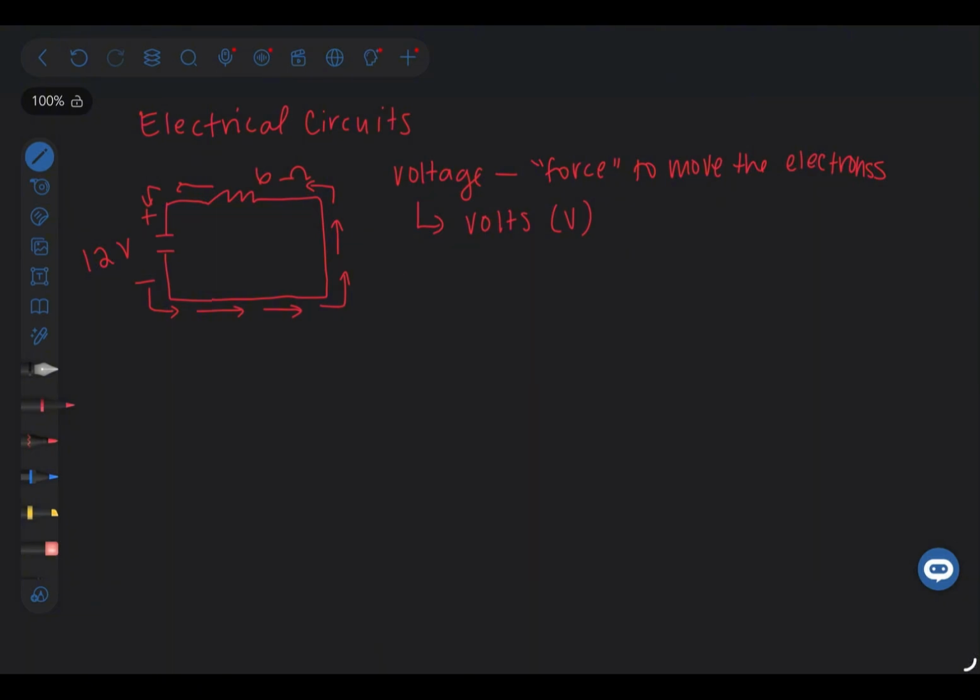And we have current, which is just the rate of the flow of the electrons.